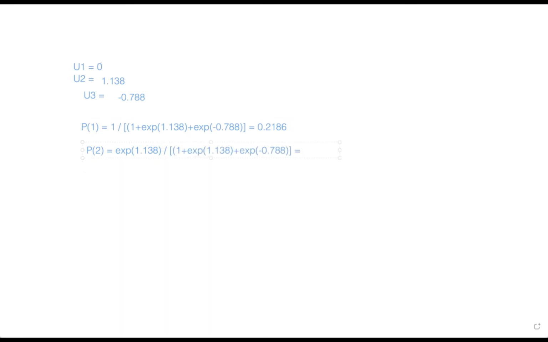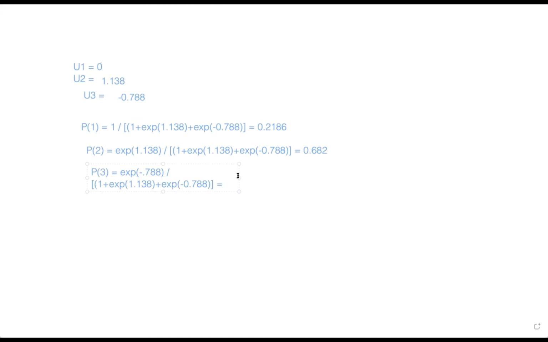And we're going to find that that is going to be equal to 0.682. And then thirdly, the probability of someone selecting the freeway is going to be the exponential of negative 0.788 divided by that same denominator, 1 plus the exponential of the utility function for the rural road plus the exponential of the utility function for the freeway.